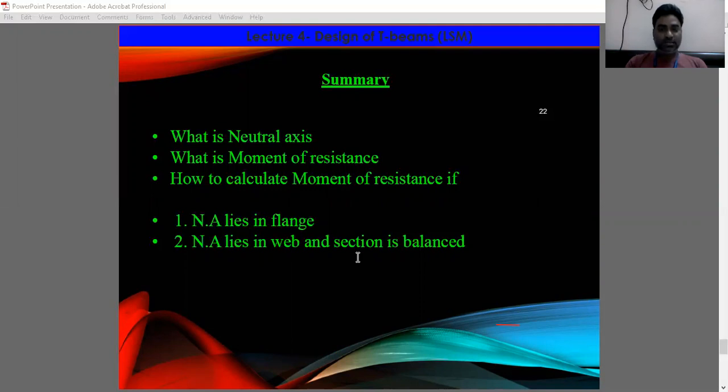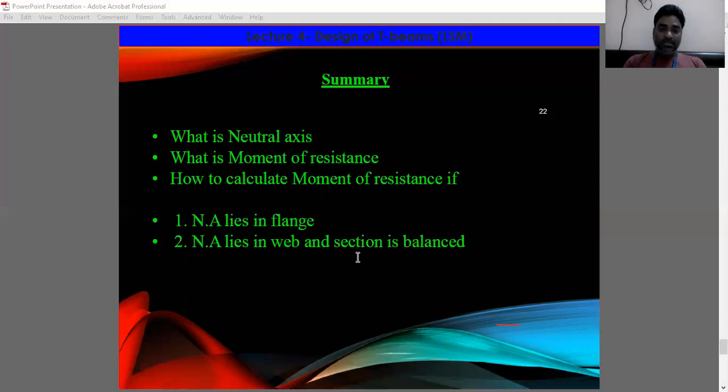That means you need to equate compression force equal to tension force to determine the Xu, and based upon the grade of steel, you need to determine the limiting depth of neutral axis, right? So you just compare it and classify the type of section, and according to the type of section, you can use the moment of resistance formula and determine the moment of resistance. That is case one. That means the depth of neutral axis is within the flange.